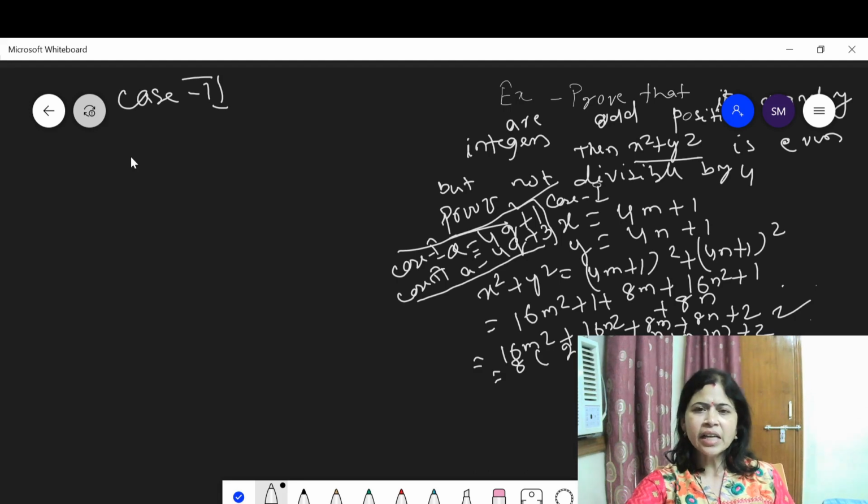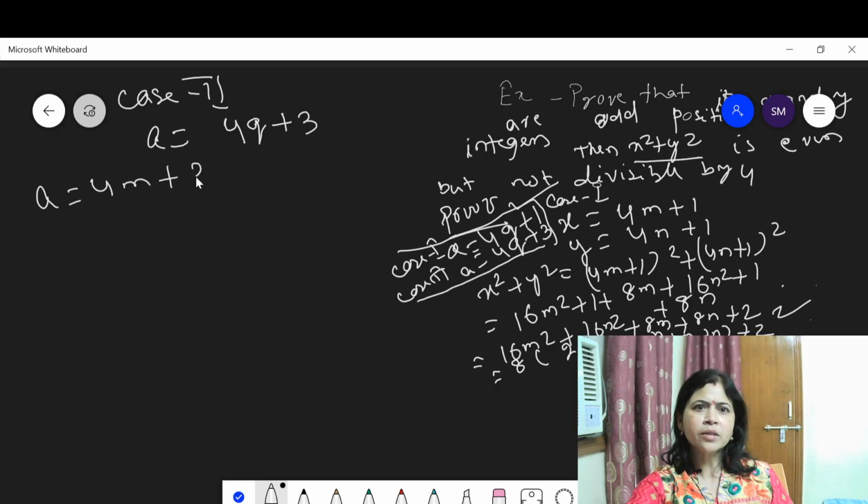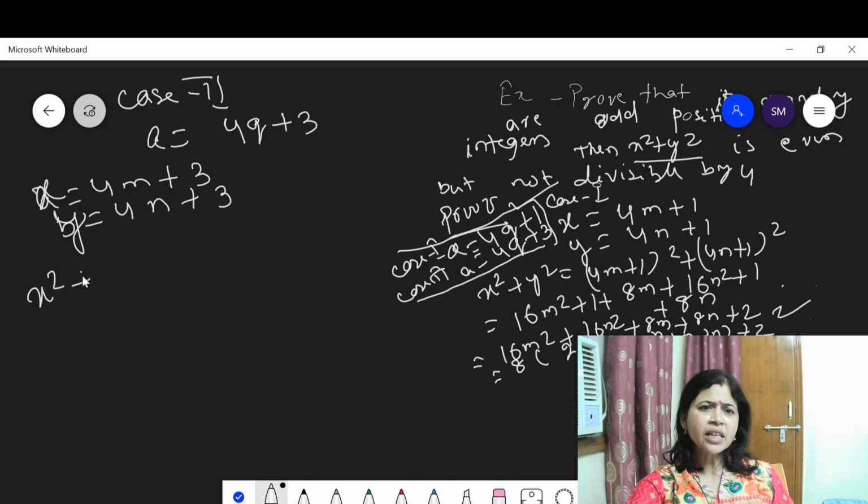Take the case 2. Case 2 says that any positive odd integer can be written in the form of 4q plus 3. Let x be equal to 4m plus 3 and y be equal to 4n plus 3. Then x square plus y square is equal to (4m plus 3) whole square plus (4n plus 3) whole square.